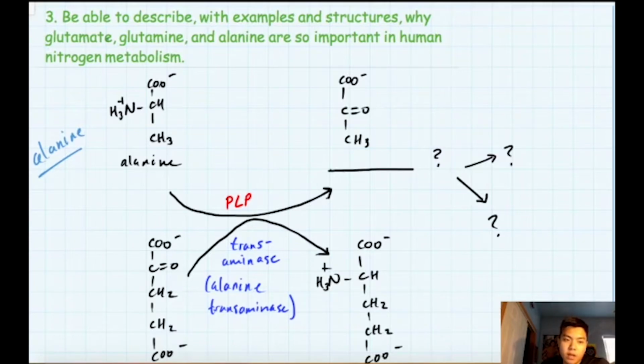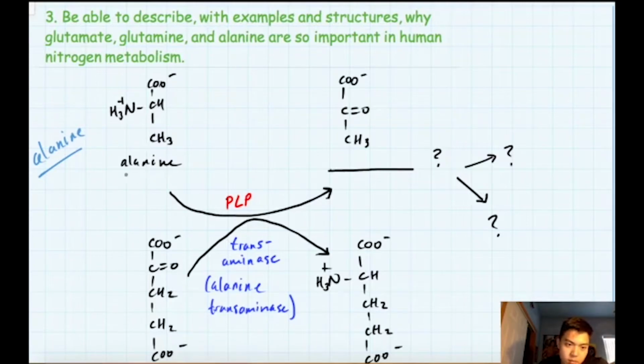And so we'll see later that glutamate and glutamine are important because these are the forms that we want our amino acids to take in order to successfully metabolize our amino acids in a safe way. I know that sounds kind of confusing, but it will be cleared up later. So describe why these are important.